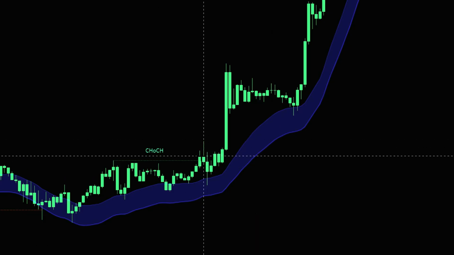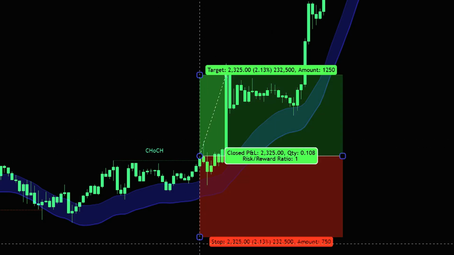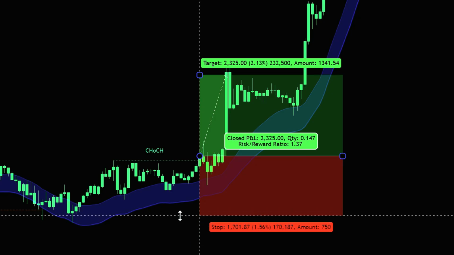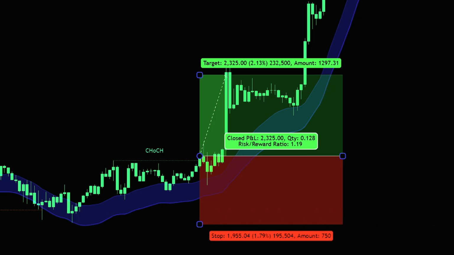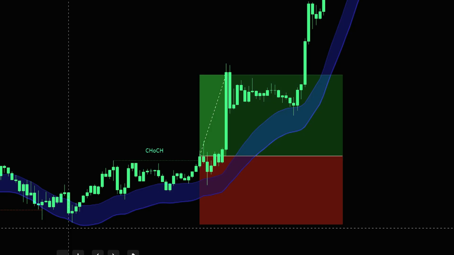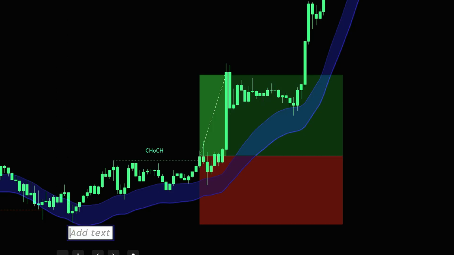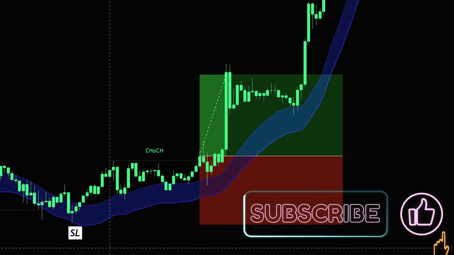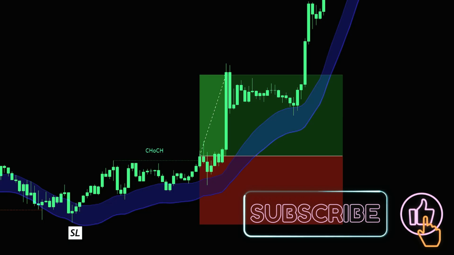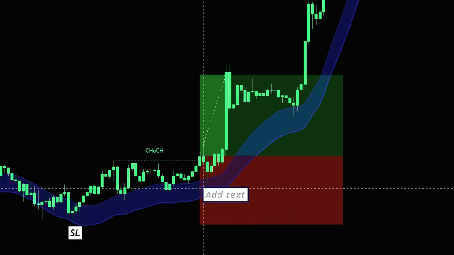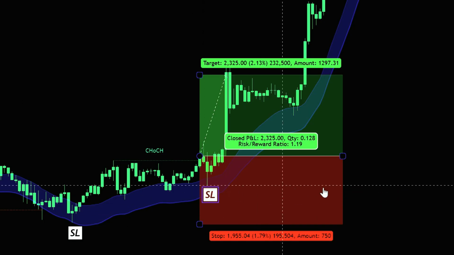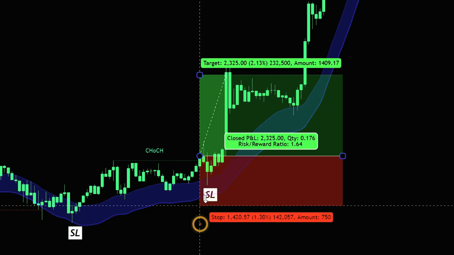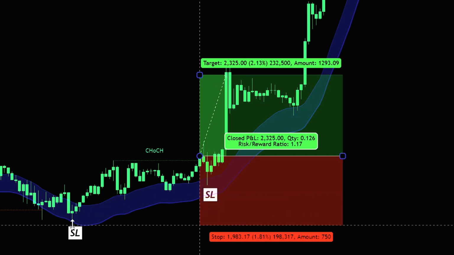Now, real quick, let's talk about managing the trade, because that's just as important. A couple of common sense ways to think about it. For the stop loss, you can set it just below the most recent swing low. I mean, if the price breaks that level, the whole reason you got in is probably wrong anyway, right? Some traders also use the SFX band itself as a potential spot.